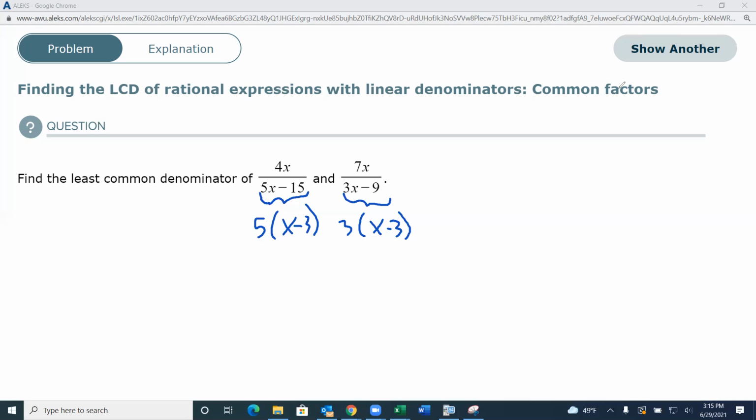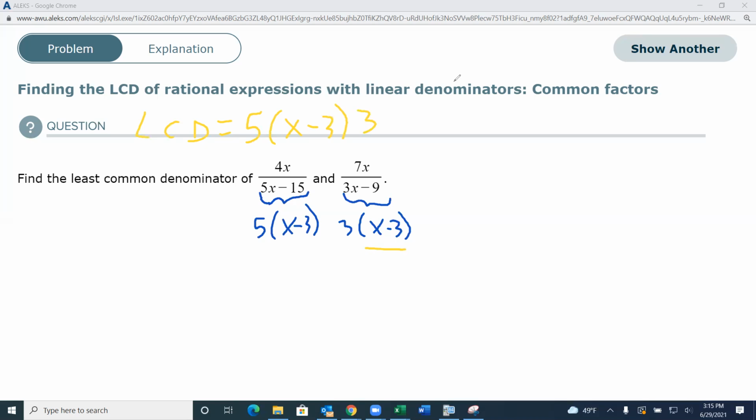So now we can go back over here and build the LCD. You've got to take every factor from the denominators. So I'm going to need a 5, and I'm going to need an x minus 3, and I'm going to need a 3.